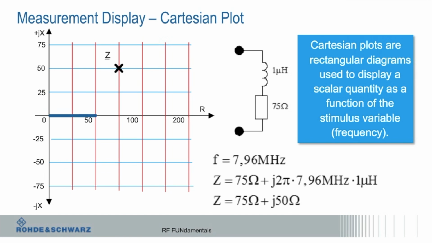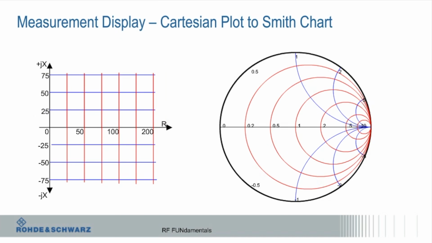Cartesian plot, so you see this is real versus complex impedance. So it's showing you a point on there. This is a common one for more gray-haired microwave engineers.